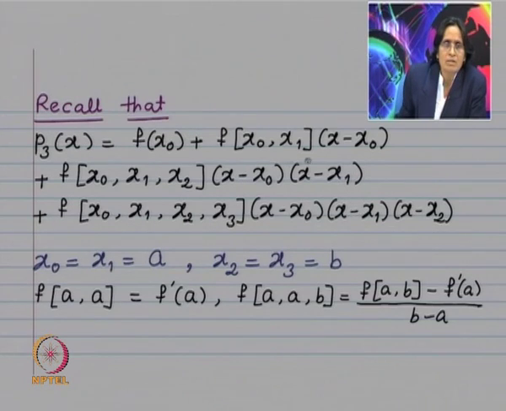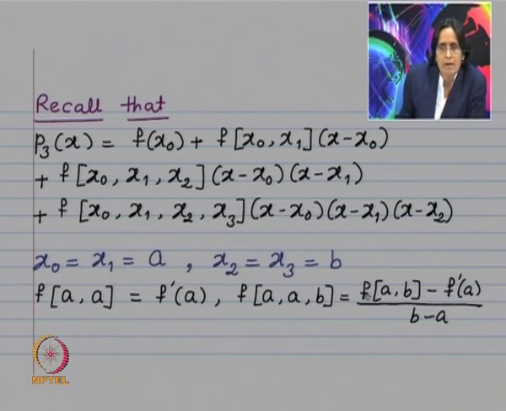Suppose x 0 is equal to x 1 is equal to a and x 2 is equal to x 3 is equal to b. Then this f of x 0 x 1, that is going to be f of a, and then we are defining it to be equal to f dash a. Here this divided difference will be f of a b.